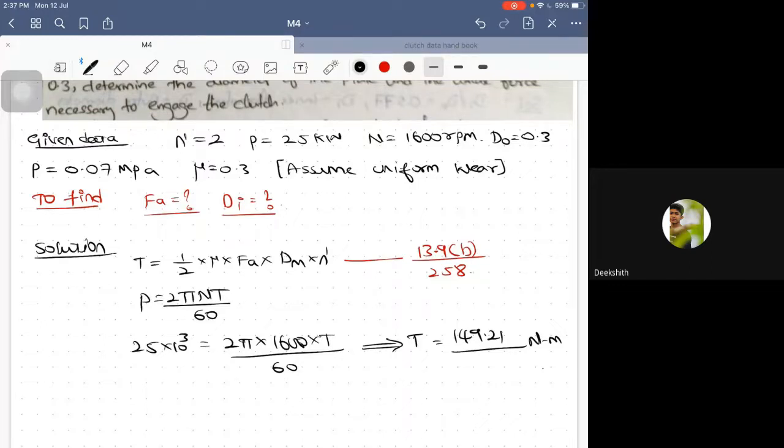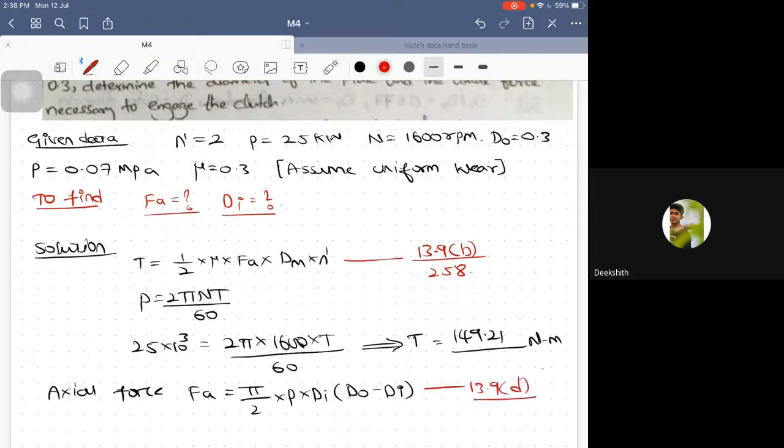So the axial force, which is the value of Fa, is given as pi by 2 cross P cross di into d naught minus di, and this particular equation is taken from 13.9 D on page number 258.